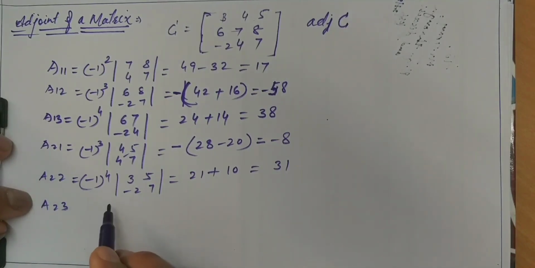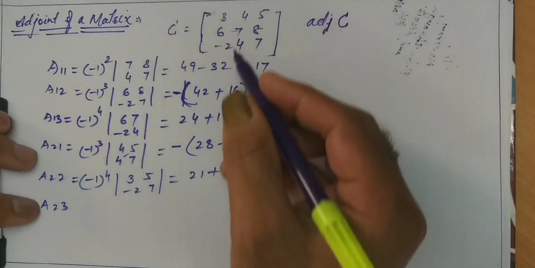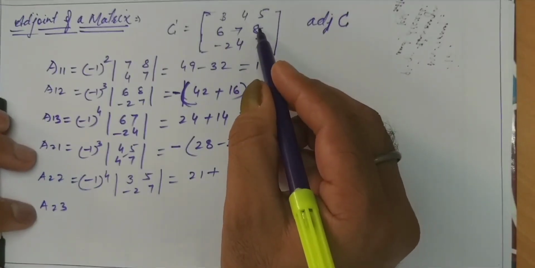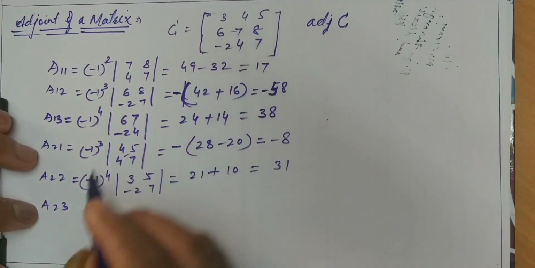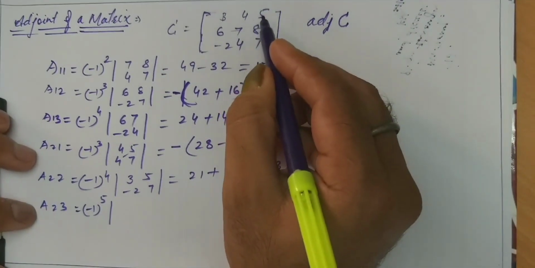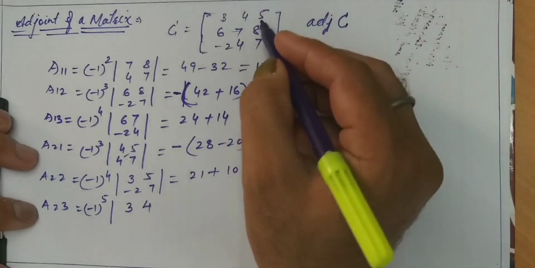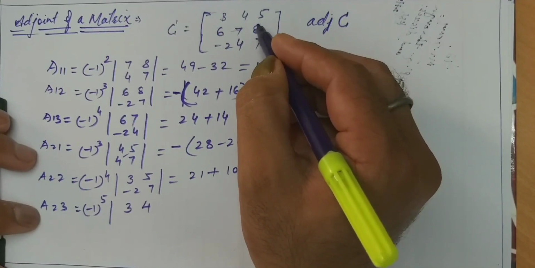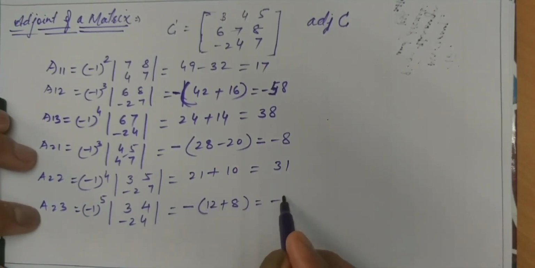A23 is equal to this one, last one 8, so leaving this way vertically, minus 1 to the power 2 plus 3, 5, and then 3 4, we are taking 8, remember, 3 4 and minus 2 4, which is equal to minus 1 to the power 5, minus 12 plus 8, which is equal to minus 20.